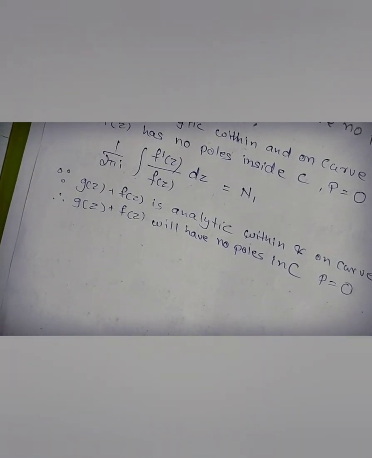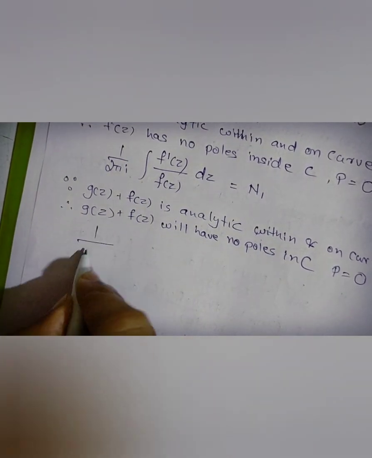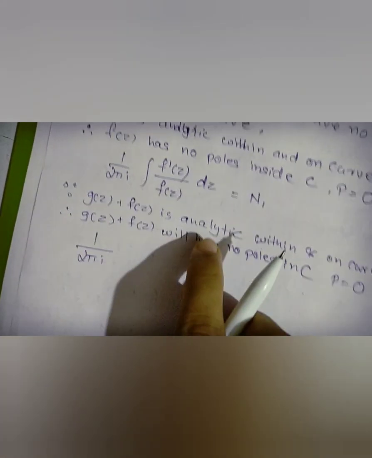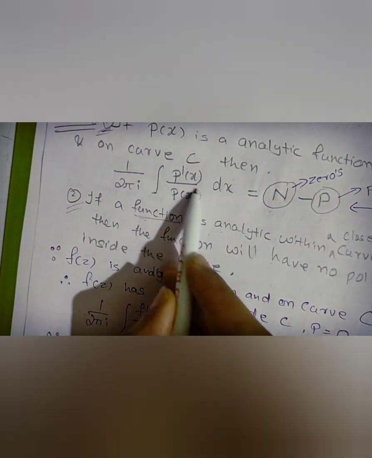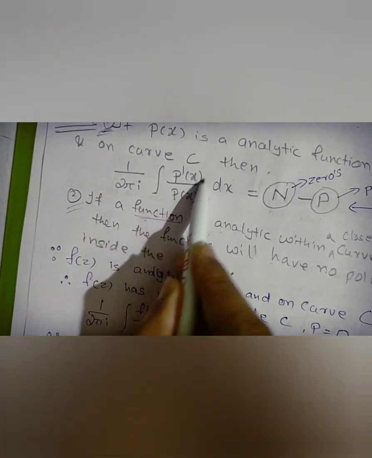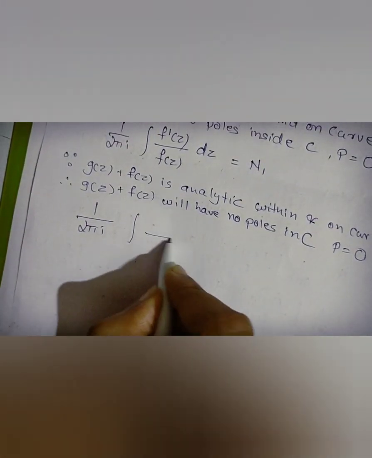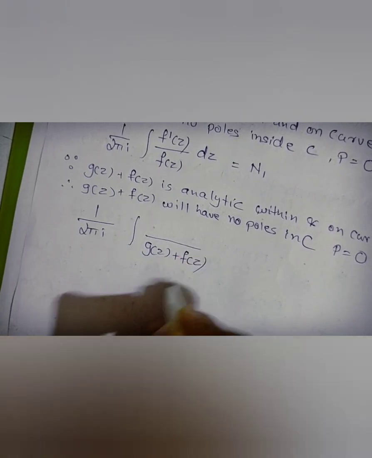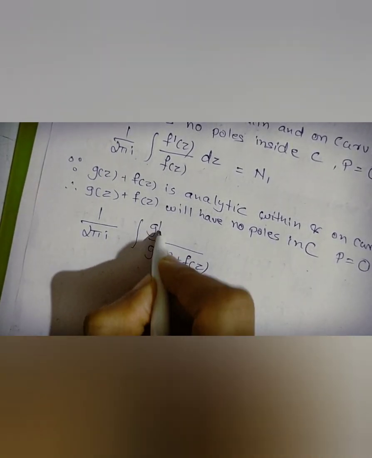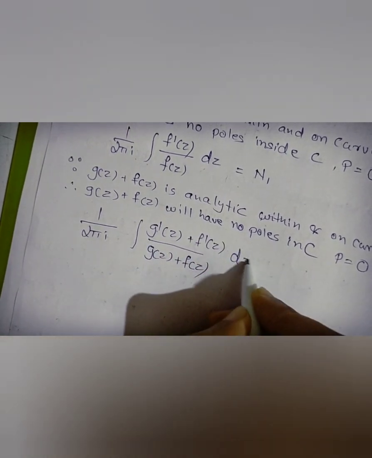So let's write this formula again for this function. It will be 1 upon 2 pi i. I'm just reiterating the same formula for my second function. As you can see, the denominator will be the function and the numerator will be the derivative of the function. So the denominator will be g of z plus f of z, and the numerator will be g dash z plus f dash z dz.